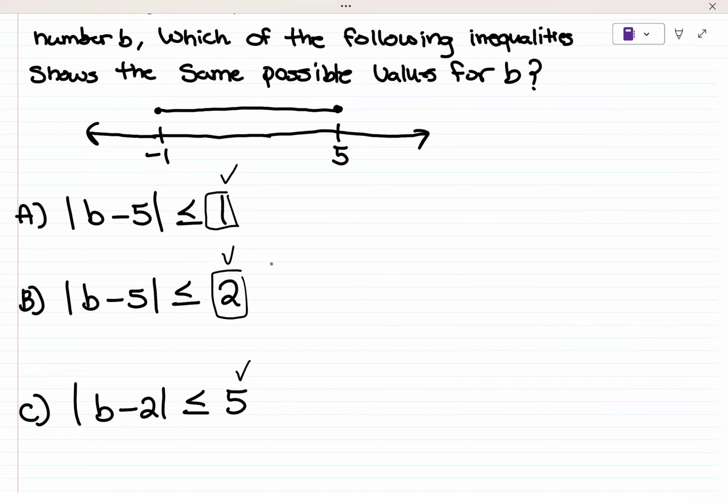The center of the shaded region is the average of -1 and 5. So you could do -1 plus 5 over 2. So that's 4 over 2, and -1 and 5 are each 3 units from the center.